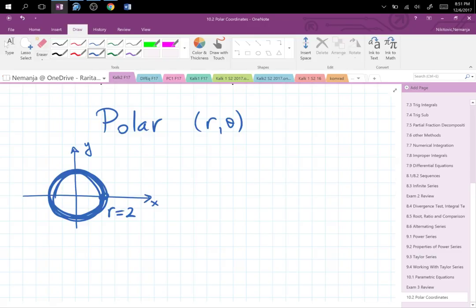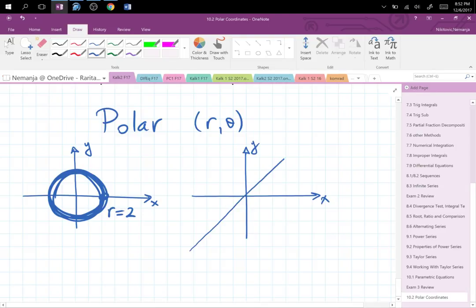And then what's the other one? Obviously, theta equals a number, an angle. What do I get if I say theta equals pi over 4? I just get an infinite line, because the radius is now allowed to be every possible number.